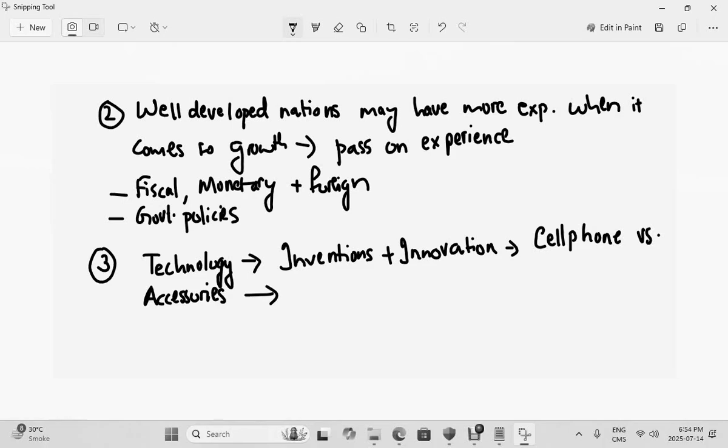In terms of technology, what they're saying in the theory of convergence is that the less developed nations can take advantage of theories, concepts, and laws that have been invented and discovered, and build on those concepts. Once you build on those concepts, it's easy to recover in terms of the technological gap. Whereas a well-developed nation may have to invent something from scratch because they don't have somebody to build on.